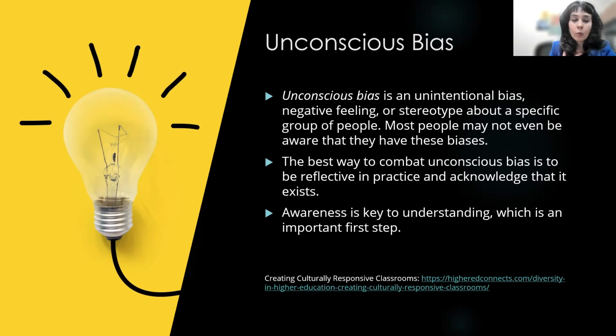We're not really aware that we have them. So it is very important to acknowledge that we all have them. But don't stop there. Really engage in self-reflection on what we do, how we do it, whether it's working or not working in our classrooms. That would be an important step.